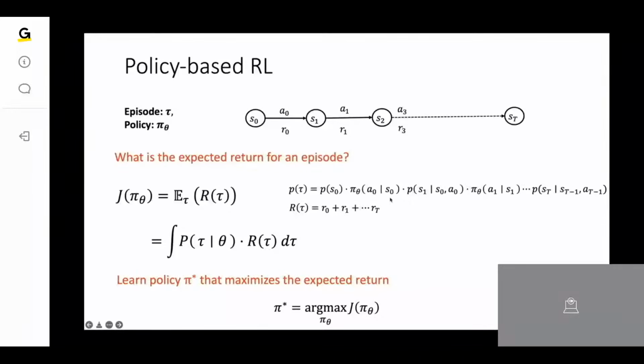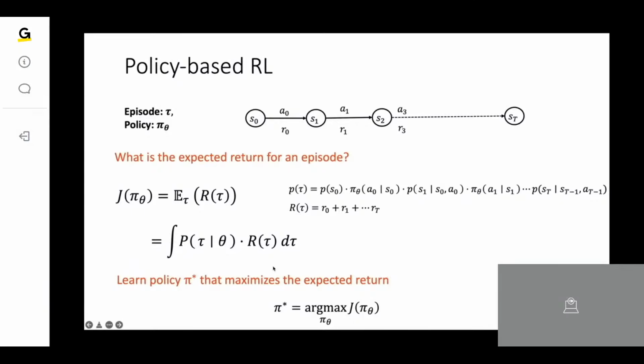So one term is what we control, corresponding to the actions taken in each state, and then there is a term contributed by the environment. The product of all these terms is the probability of observing an episode.